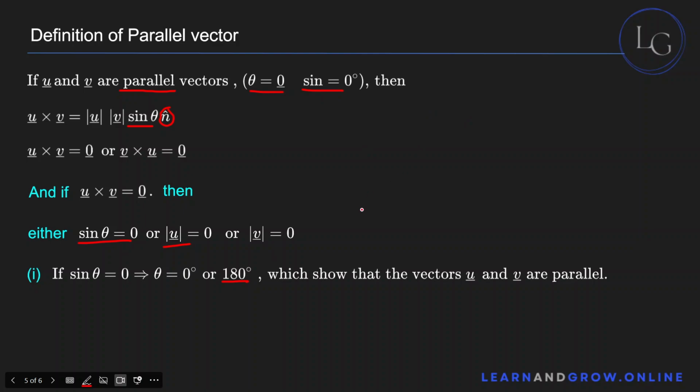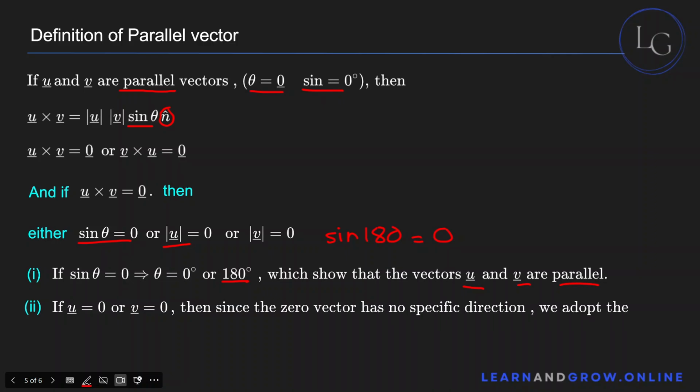So the angle between them can either be 0 or 180. But again, it's the same thing. You need sine theta to be equal to 0. So sine 180 is also equal to 0, right? Because if you just calculate sine 180, it gives you 0. So when sine theta is equal to 0, that means that u and v are parallel.